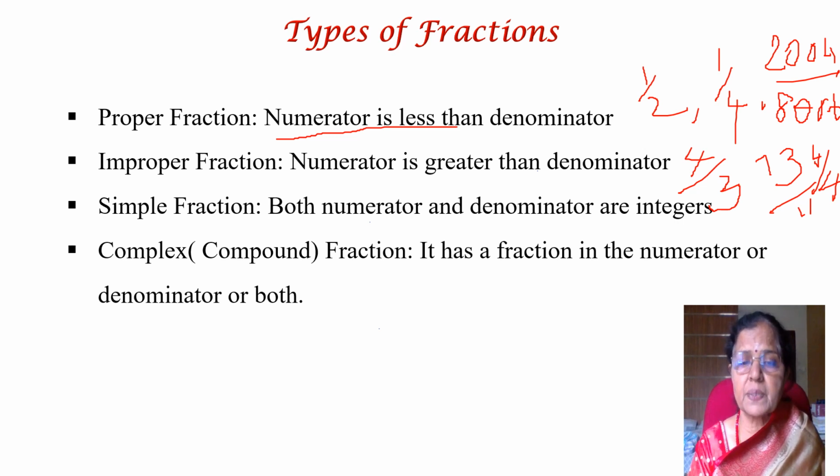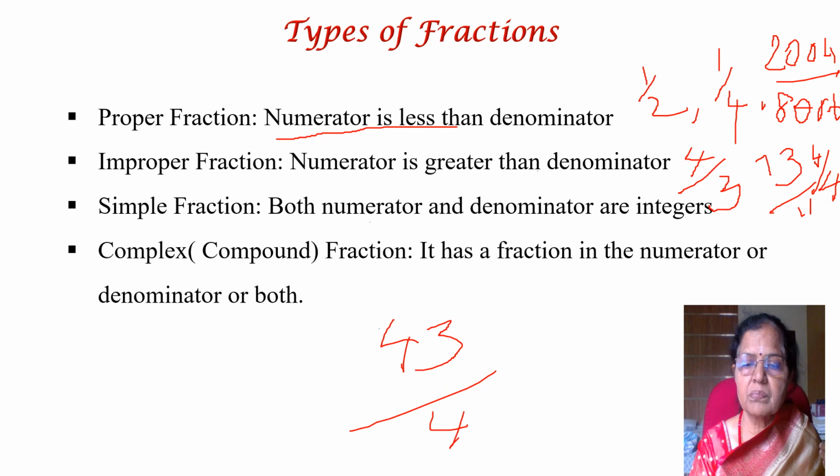And what is a complex, or sometimes called a compound, fraction? It has a fraction either in the numerator or in the denominator, or both. An example of a complex fraction is 3 by 4 by 5. See, 4 by 5 is a fraction, and it comes in the denominator, but the numerator is an integer.